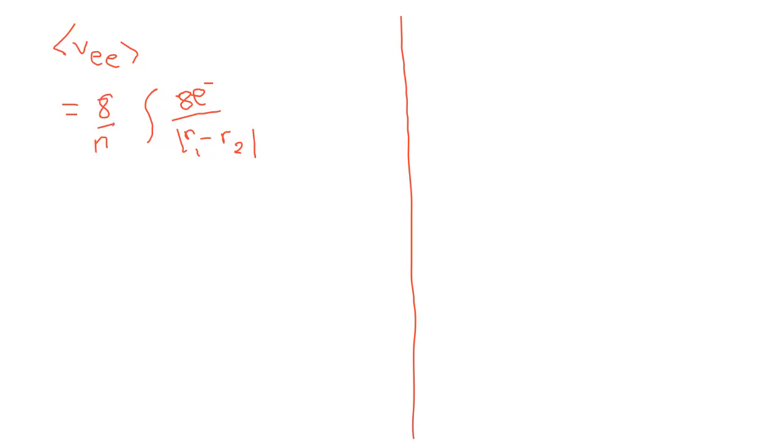Let me write 8 over pi a cubed. It's just some constant, but the thing for us would be e to the minus 4 (R1 plus R2) over a. A is the Bohr radius, and then you are left with d3r1 d3r2. This is the integral that we have to do.